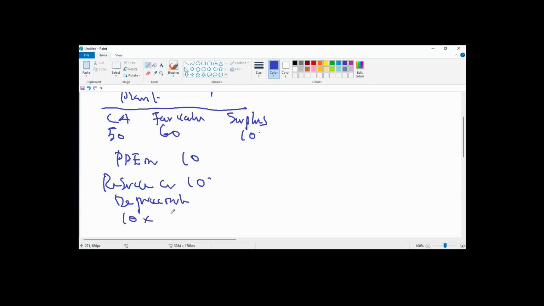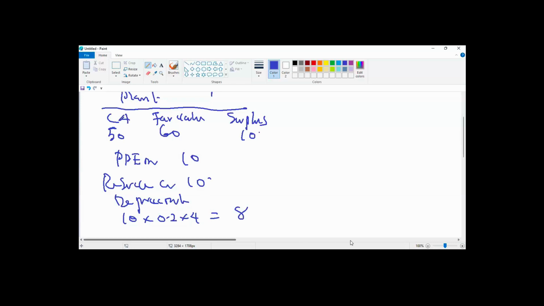The surplus times 0.2 for one year's depreciation, times 4, because they acquired 4 years ago. 10 times 0.2 times 4. It's 8. What do I do to the 8?